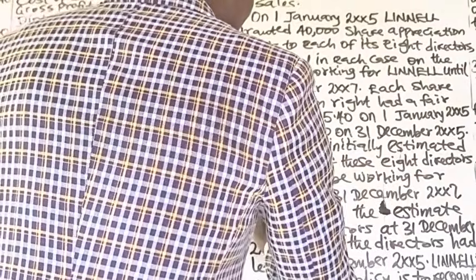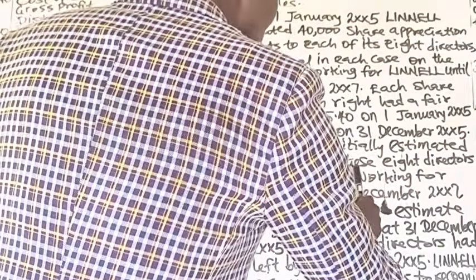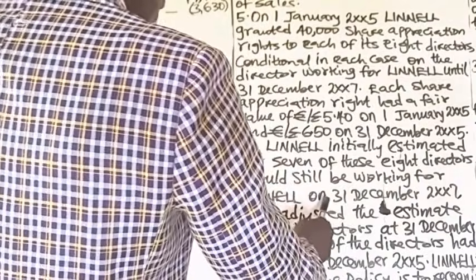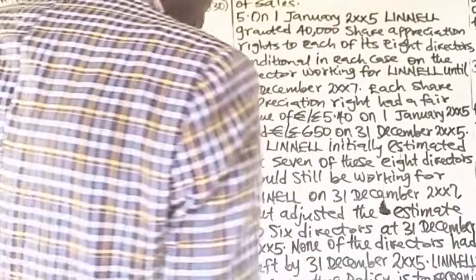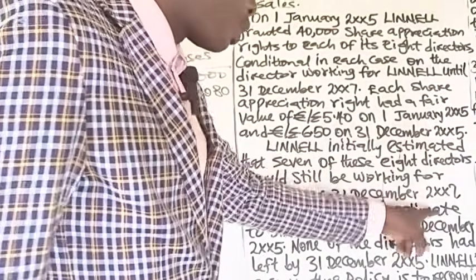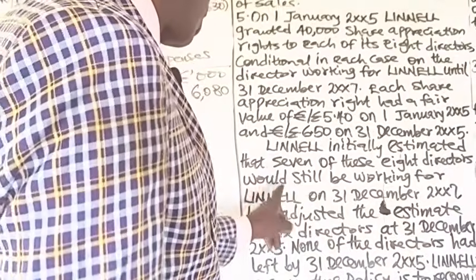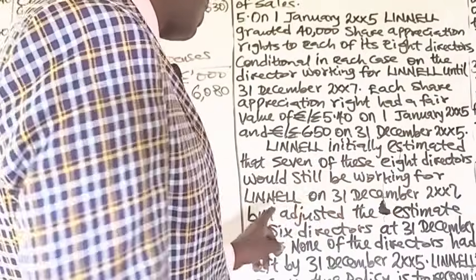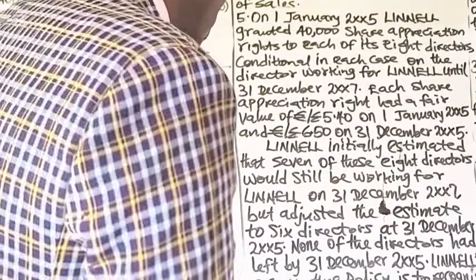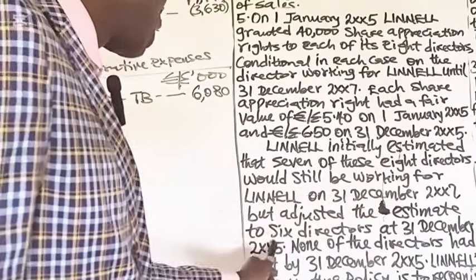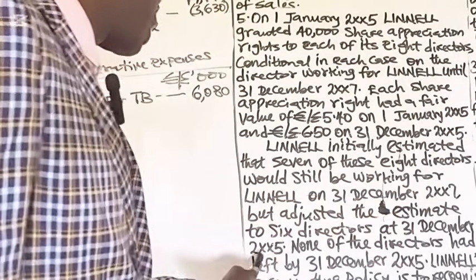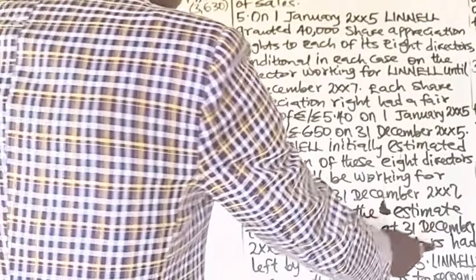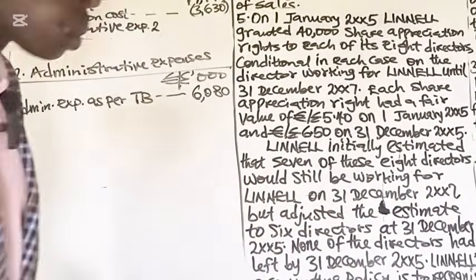Leland initially estimates that 7 of these 8 directors will still be working for Leland on 31st December 20X7, but adjusted the estimate to 6 directors at December 20X5. So 6 directors will be used for 20X5, the year under consideration.